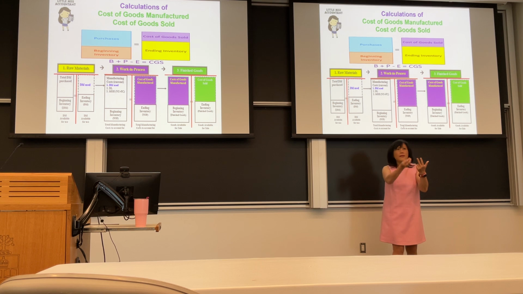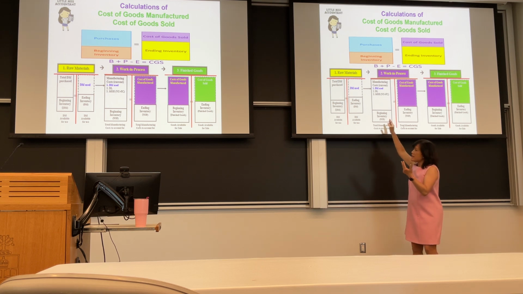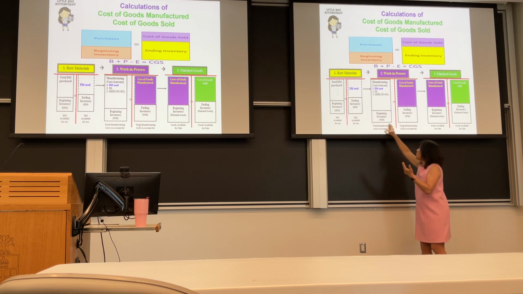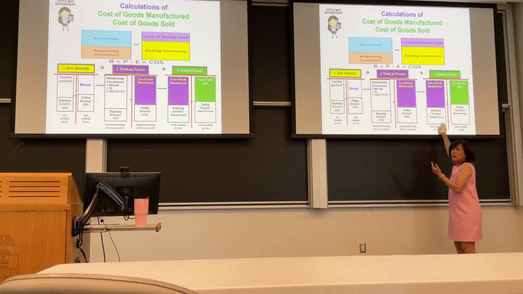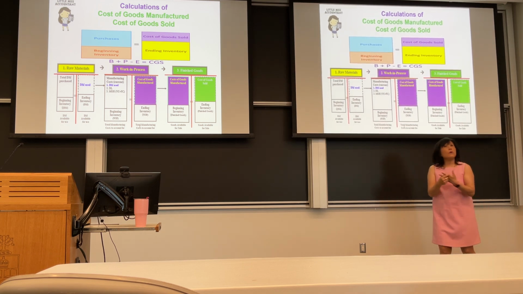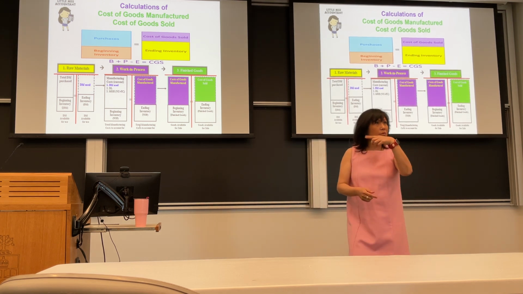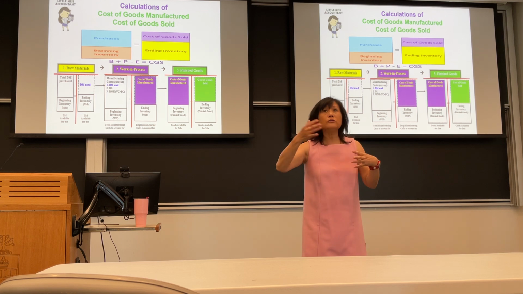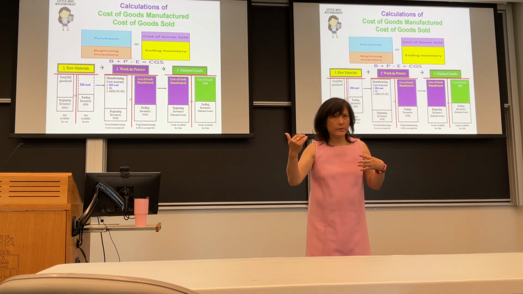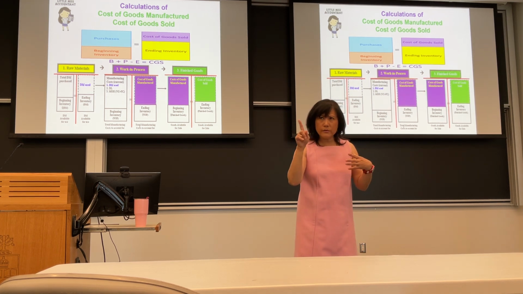So when you apply overhead, when you put overhead in here, it goes through here. Leftover, go through here. Leftover, go to cost of goods sold. Cost of goods sold also have overhead. Very, very important, okay? Because today we're going to learn how to apply overhead. We okay with that? Okay, you okay with this?